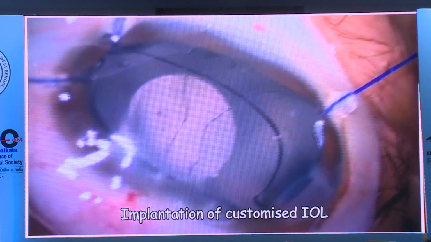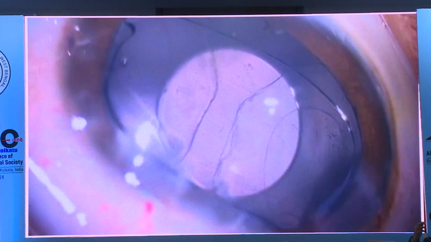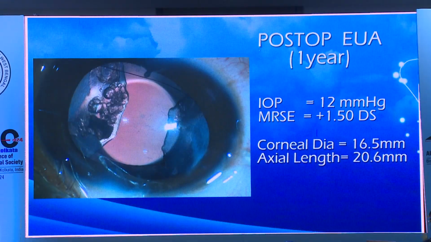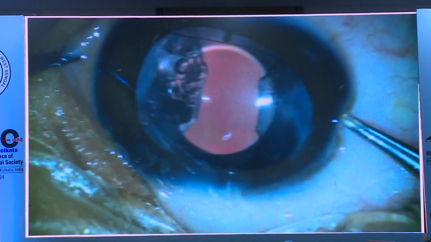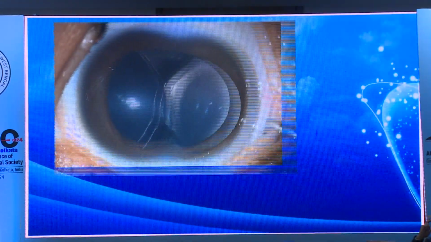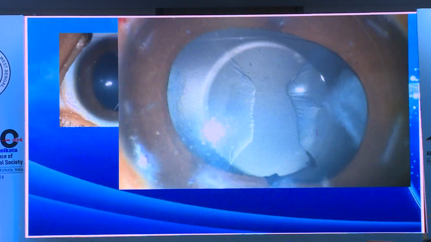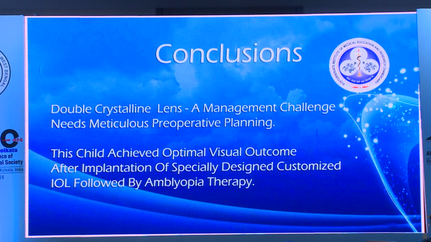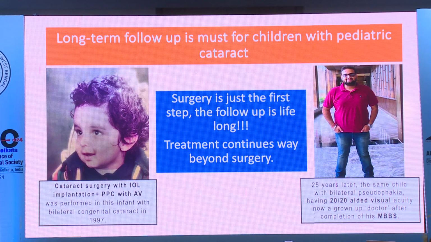Single IOL in these 2 crystalline lenses, central area was aphakic. We found a gradual increase in the size of the visual axis. We anticipated contraction of the posterior capsule, so there was a gradual increase. So we could manage these double crystalline lenses. So I am not going to show much because my time is close to over.